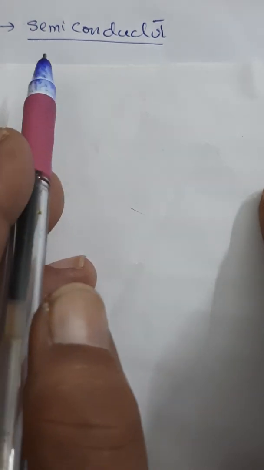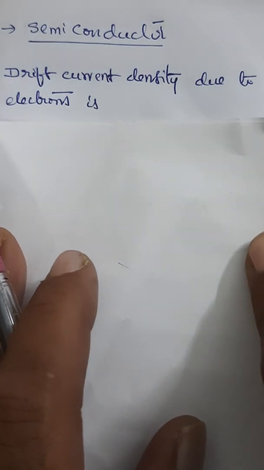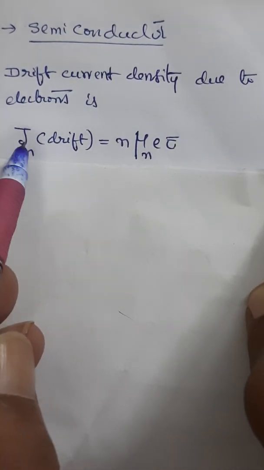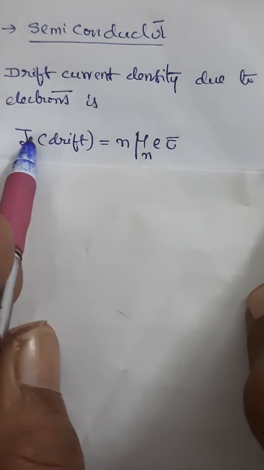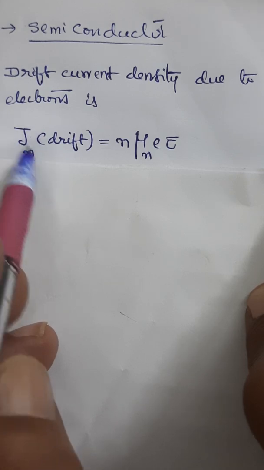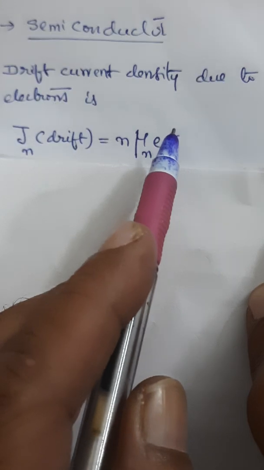Right? Now with this background, in the case of a semiconductor, the drift current density due to electrons is nothing but J drift. It is represented as Jn drift, and it is nothing but n mu n E e.